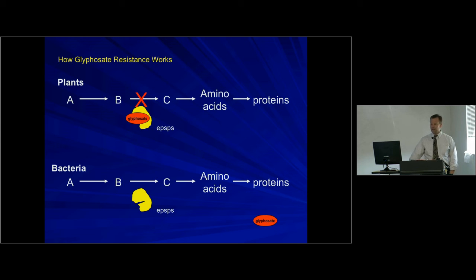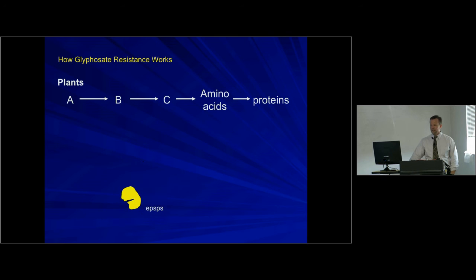What if we were to take the bacterial form, put it downstream of a good promoter, right, downstream of a good control region, and place that bacterial version into the plant? Now the plant has this bacterial version that can't bind glyphosate, and so no matter how much you spray, that plant will survive. This is the way in which glyphosate resistance works. It's basically switching out the one form of the enzyme that binds the herbicide for the one that does not, and allows the plant to be resistant.